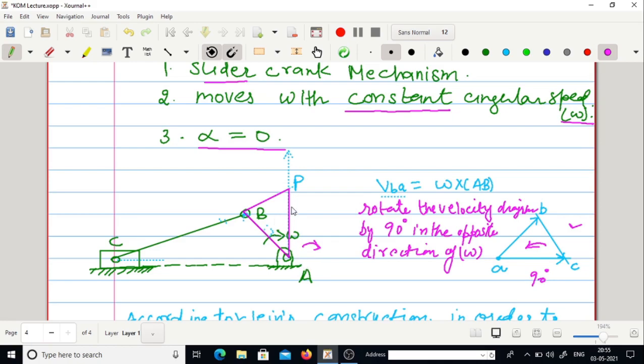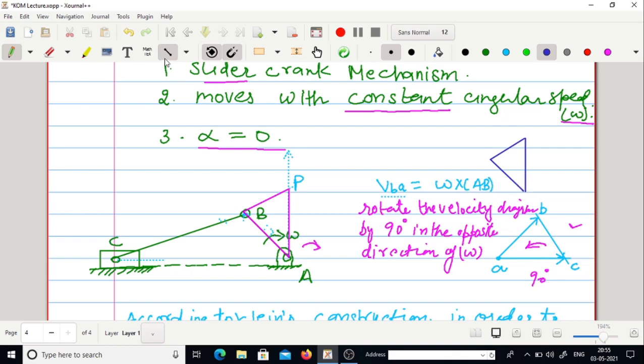Okay, so let us rotate this triangle by 90 degrees. If we rotate it by 90 degrees in the anti-clockwise direction, then it will look like this: this will be the AC, this will be the AB, and this will be the vector BC.